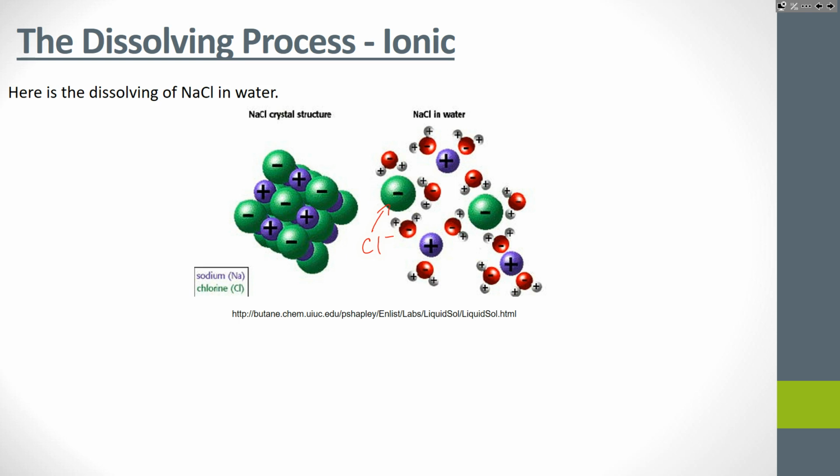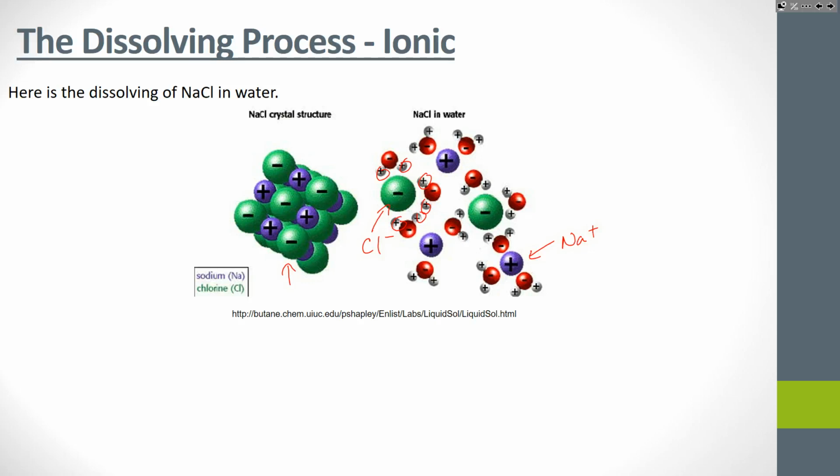And if you look at the way the water molecules are lined up, the positives are all pointing towards the chloride because the positives are attracted to the negatives. And here's our Na plus. The way the water's arranged itself, the negatives are all attracted to the positive. The water kind of flips over for the sodium ions. And what's really happening is the salt crystal is being ripped apart into its ions.